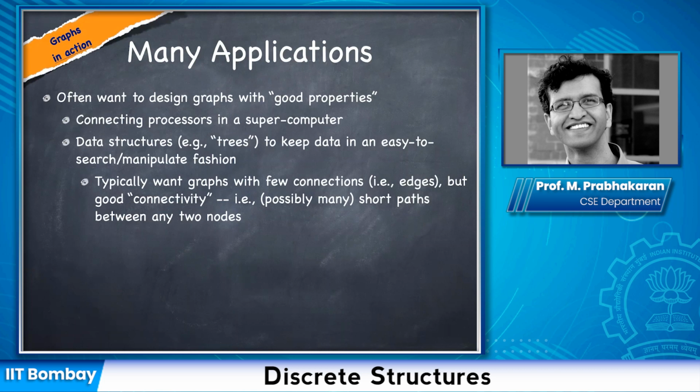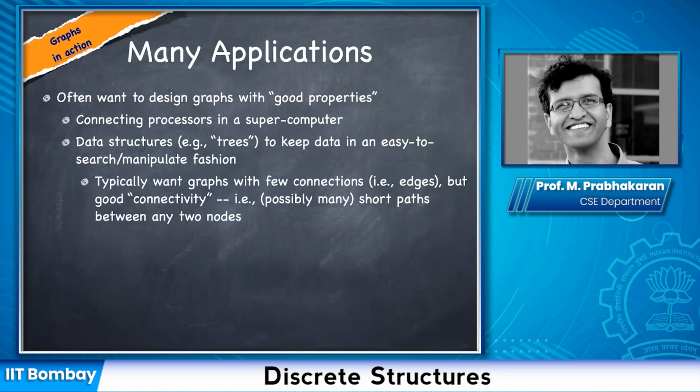You would typically want graphs which have very few connections. These are what we'll call the edges between the nodes in the graph, because they incur hardware cost, or cost in terms of the algorithm having to look over many of these connections.